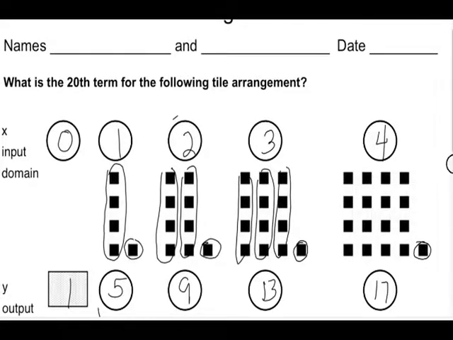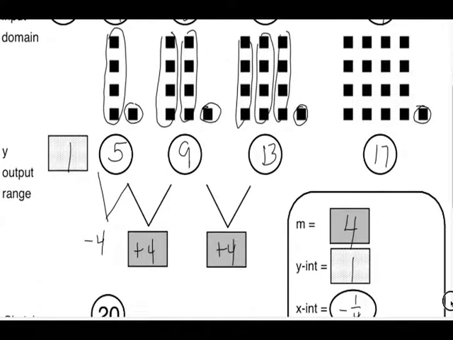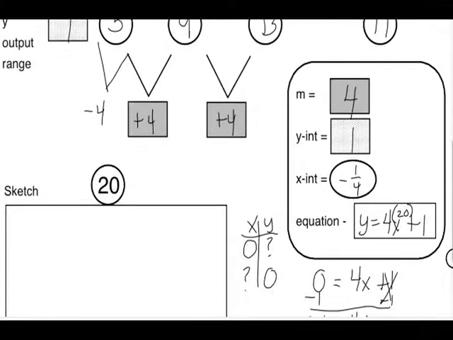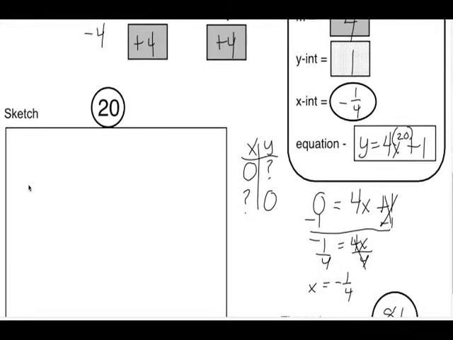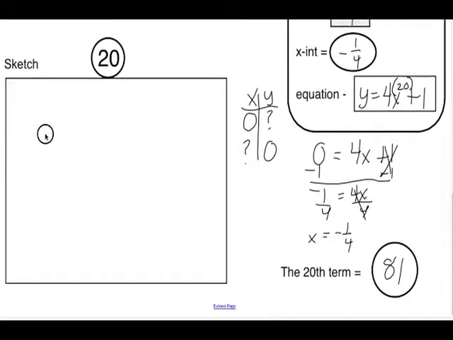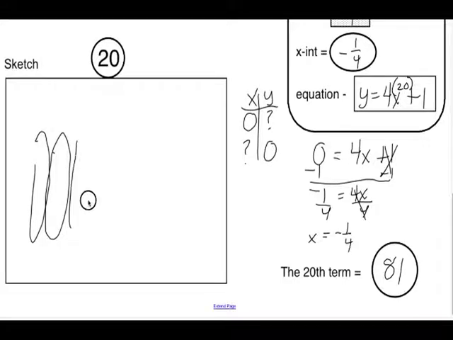So the 20th one would obviously have 20 of those columns, and there'd be 4 in each one. So I'd have 1, 2, 3, etc., out to 20. So there'd be 20 of those. Each one would have 4.